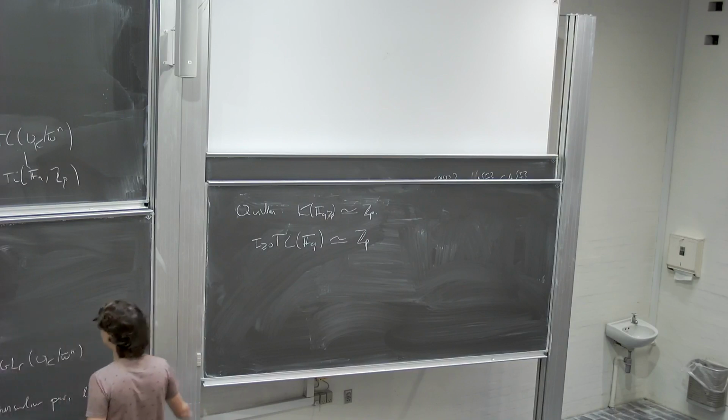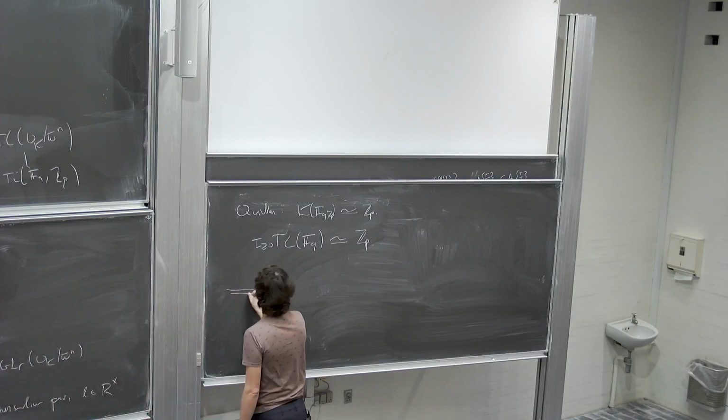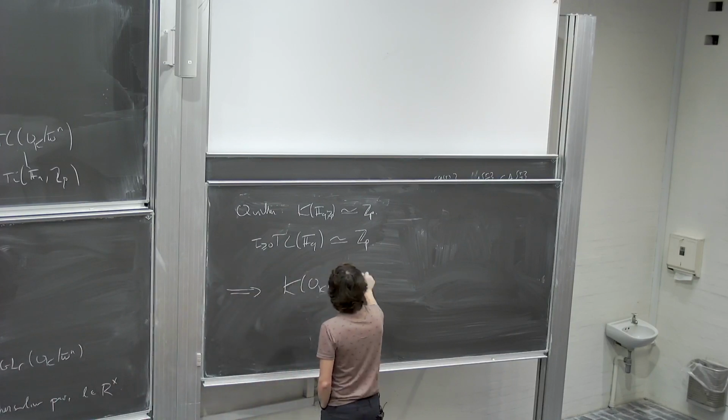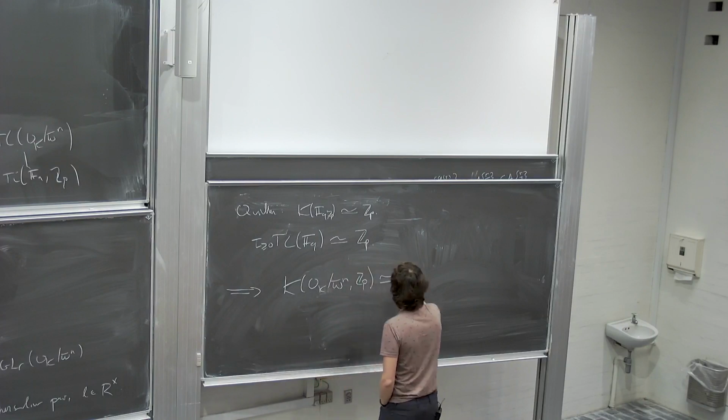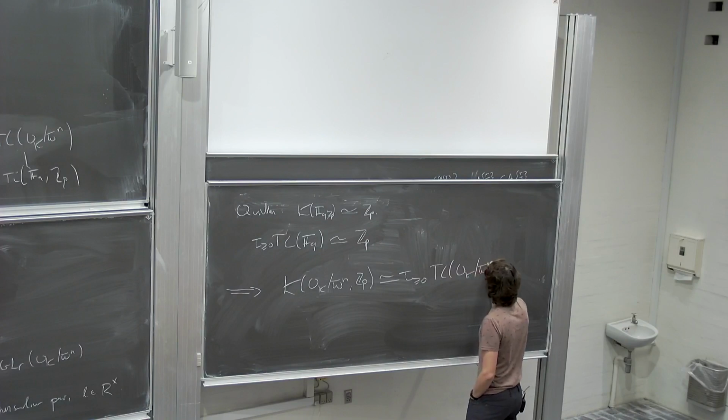And so what does that tell us about this pullback square? It tells us that the K-theory of O_K mod pi^n with Z_p coefficients is equivalent to the connective cover of TC of O_K mod pi^n.